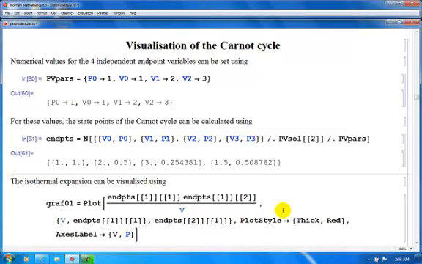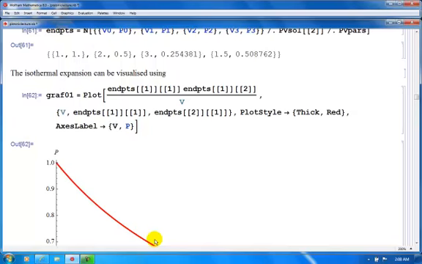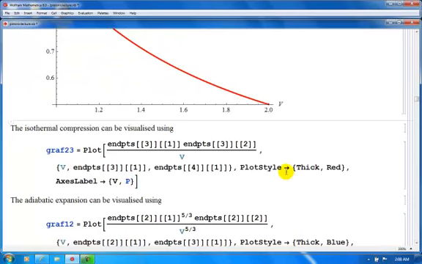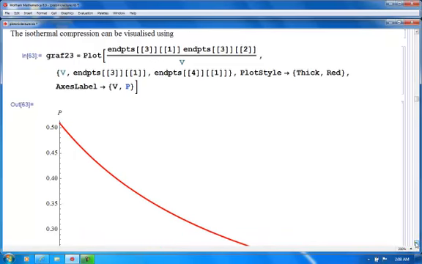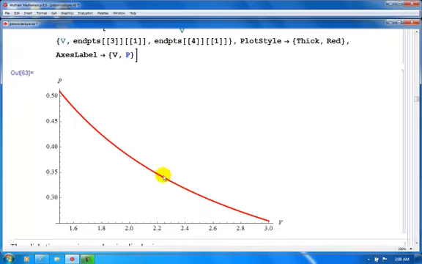And so we can plot the graphs. We've done this before, but we'll do it again. So this is the isothermal expansion, and now the isothermal compression is like that. So it looks something like this. You can see except it goes that way, of course.